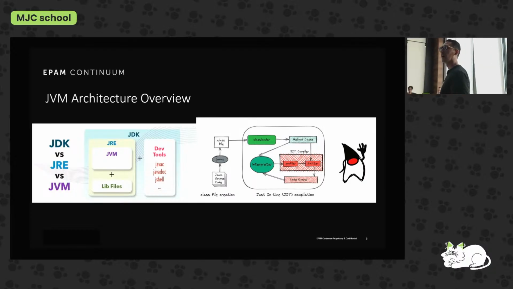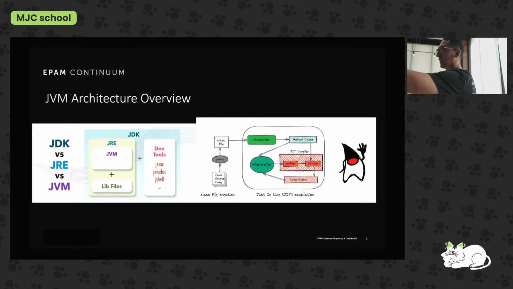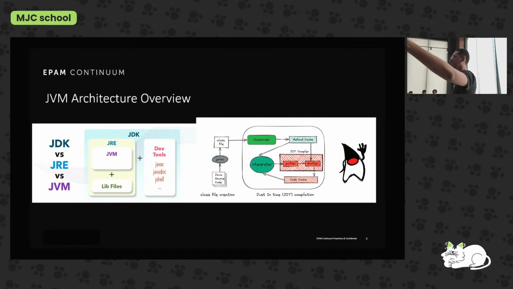So in fact, how does the process of code execution happen in our JVM when we write code in Java? Usually it has a .java extension, and when we run our application, what happens? At first we need to compile our Java code into a class file, which is bytecode, like bytecode instructions of Java itself. And as you might see, Java source code using javac will be compiled into the .class file extension.